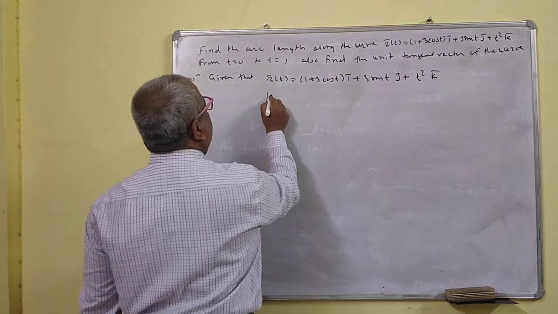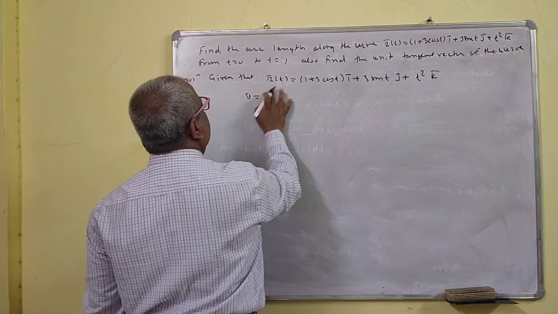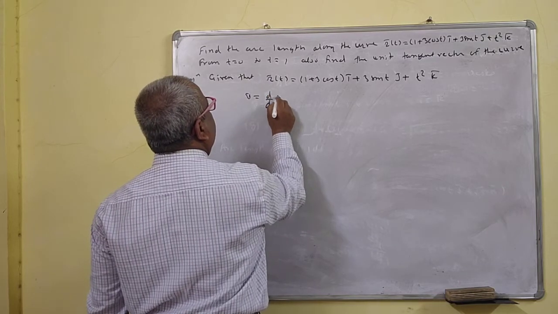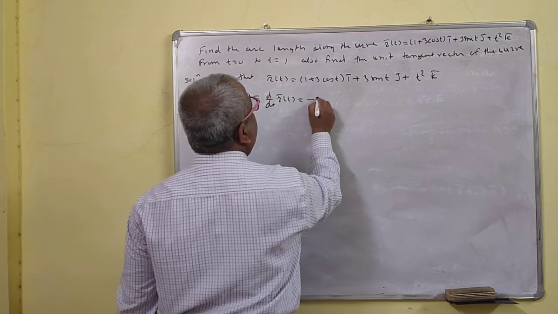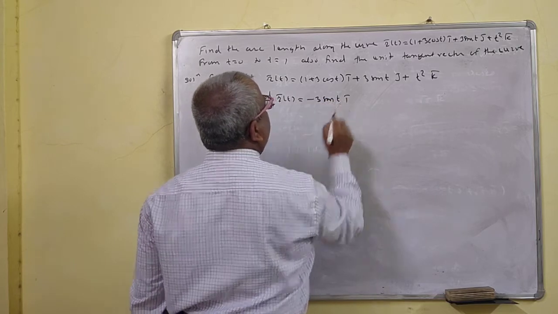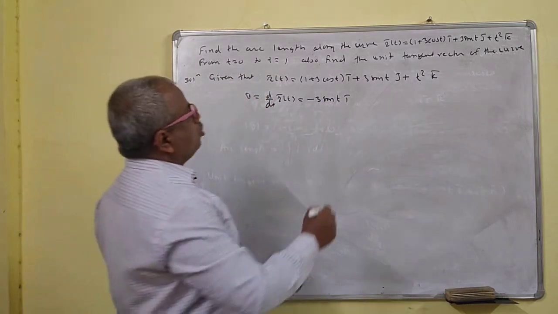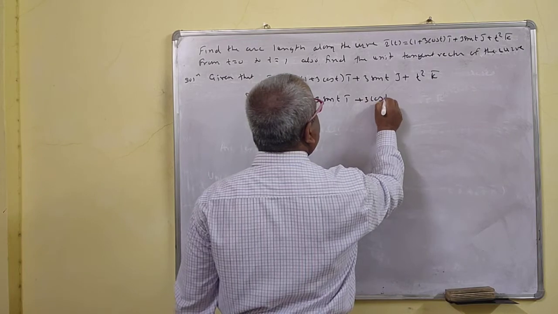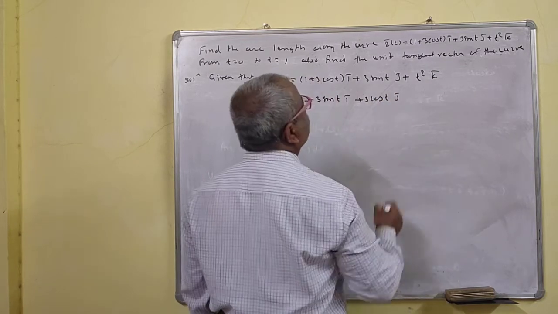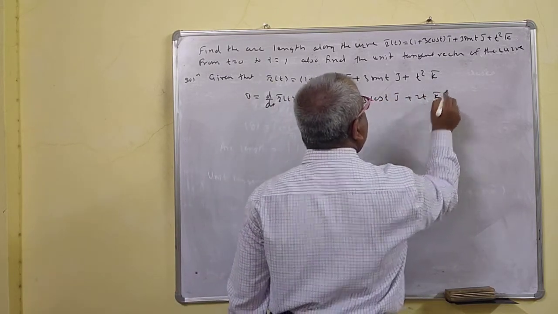So v bar is equal to d by dt of r bar of t. So this is minus 3 sin t i bar plus 3 cos t j bar plus 2t k bar.